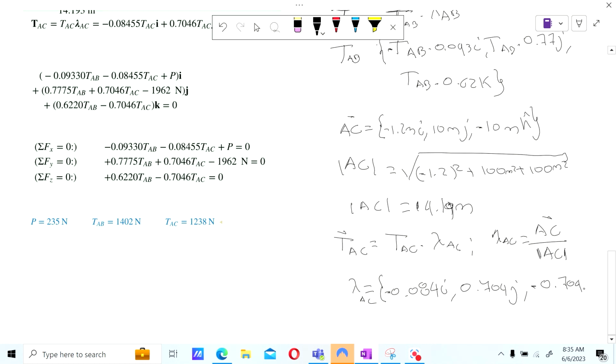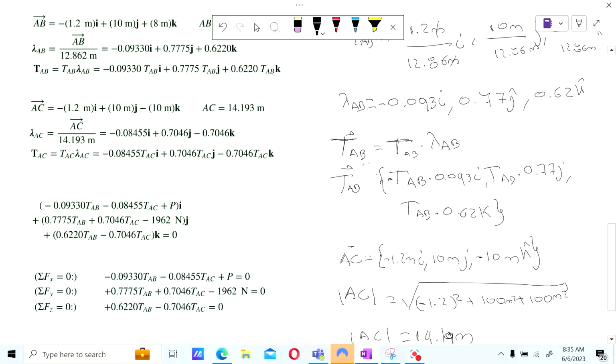So it's the same value but with a negative sign. Okay, double check. Yeah, so far so good.